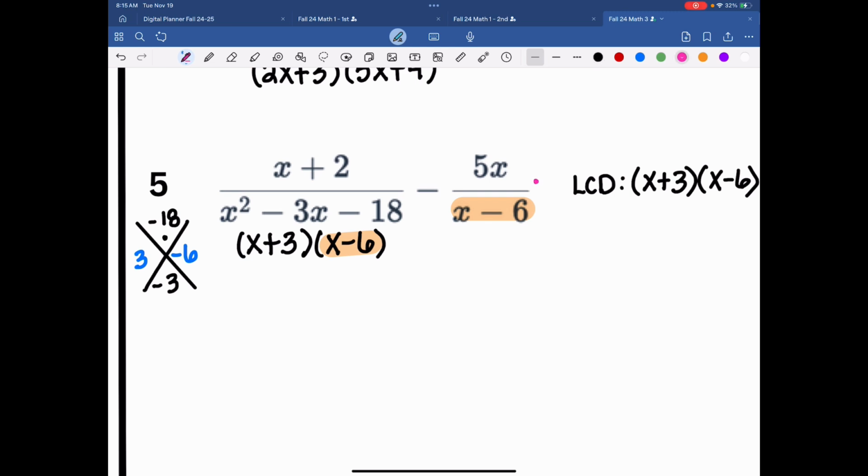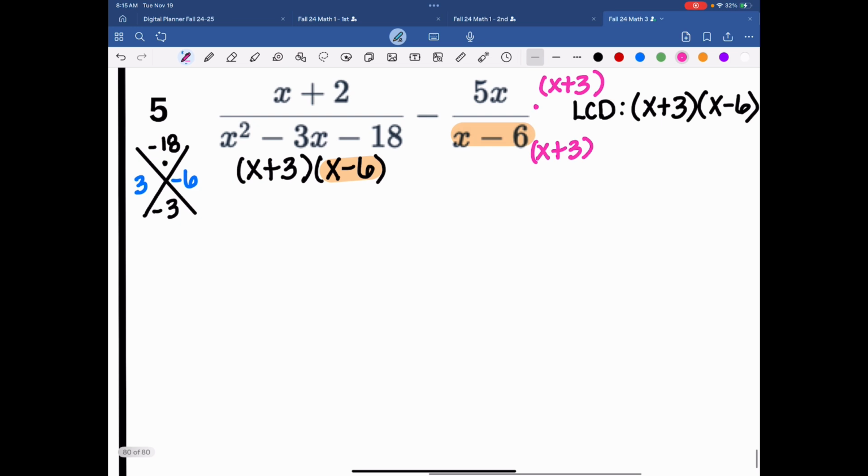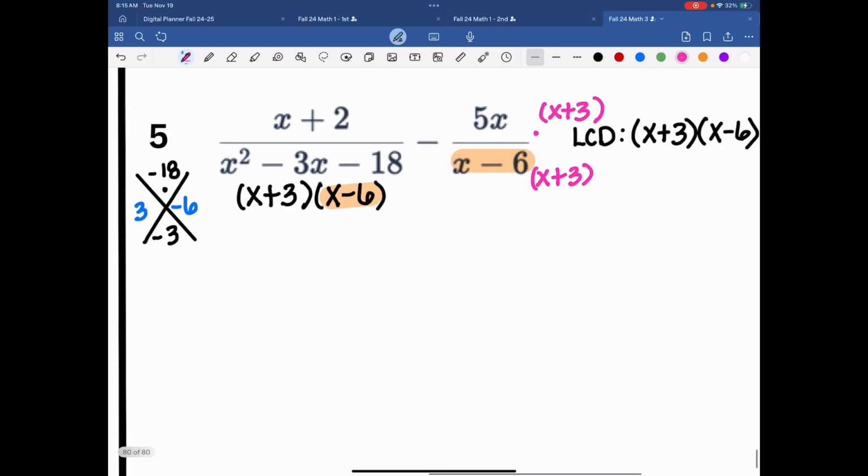So we're going to multiply this side by x plus 3 on the top and the bottom. Once I multiply that out, this over here is going to stay the same because it already had the x minus 6 in common, and for my LCD, we're going to include the x plus 3.